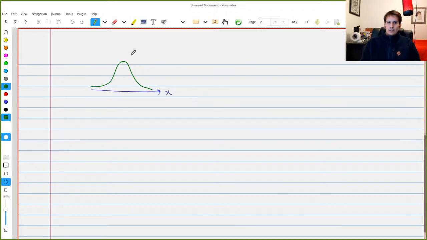This one is called f of x, and here you are evaluating without caps. When you have X in caps, just to make sure that you understand the notation, this means the random variable.